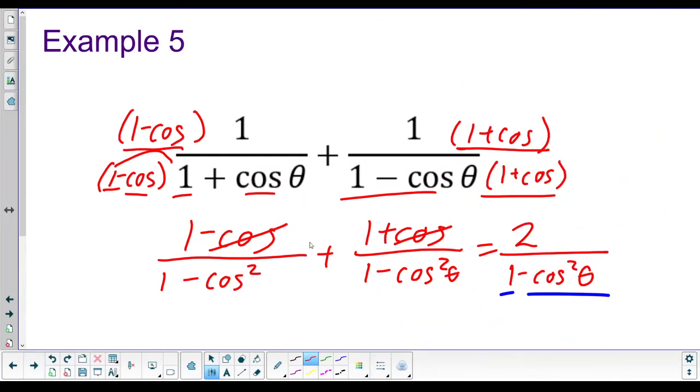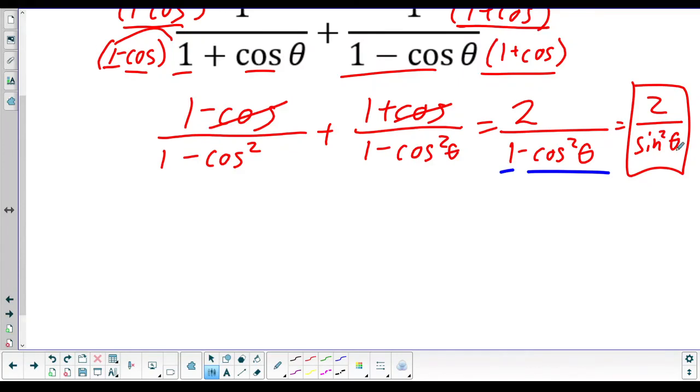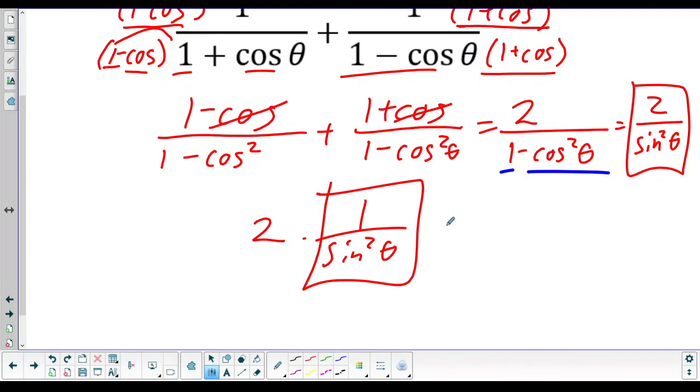So this is going to become 2 over sine squared theta. So you might want to leave it this way. This is okay. You have it as a fraction. If you are terrified of fractions, remember, we can turn this into 2 times 1 over sine squared theta. 1 over sine squared can turn into cosecant squared.